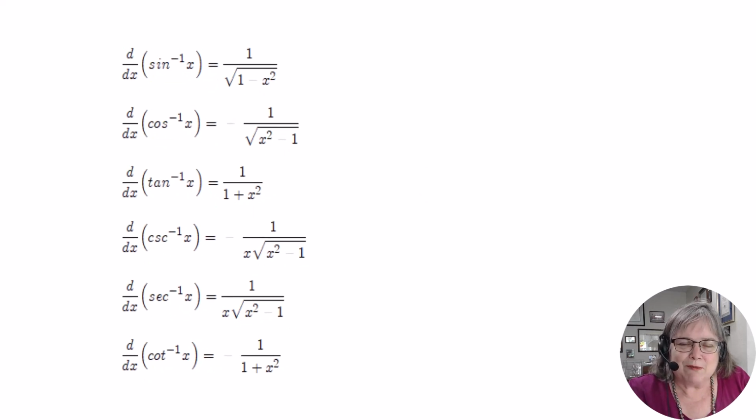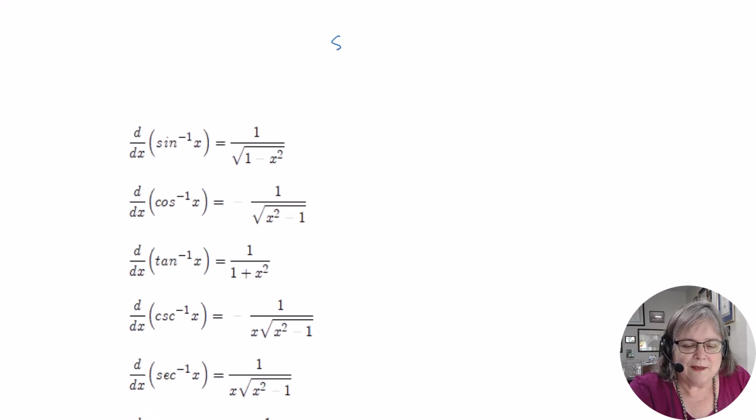If that's just really leaving you crazy, then you might want to go back and look at your trig. So if you've forgotten how inverse functions work, they're normally trying to find the angle, right?